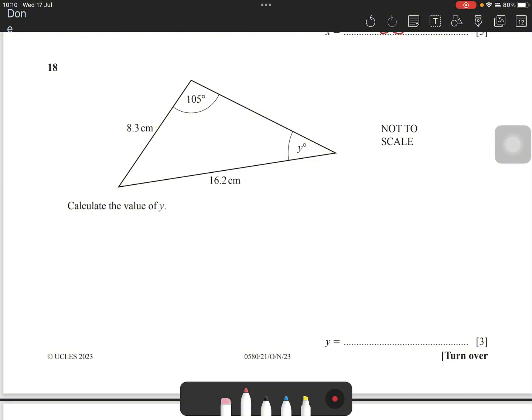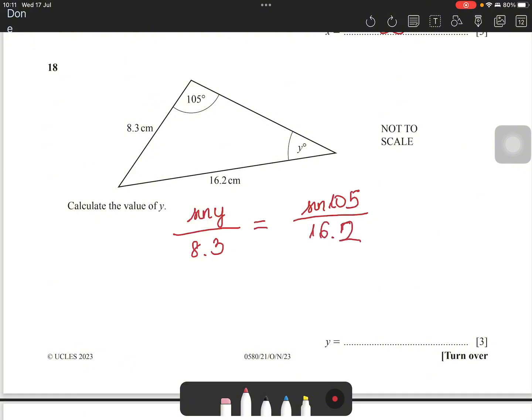Question 18. Calculate the value of y. In this case, we see some angles and some opposite sides. So we think about the sine rule. Sin y over the opposite side, which is 8.3, is equal to sin 105 over the opposite side, which is 16.2.